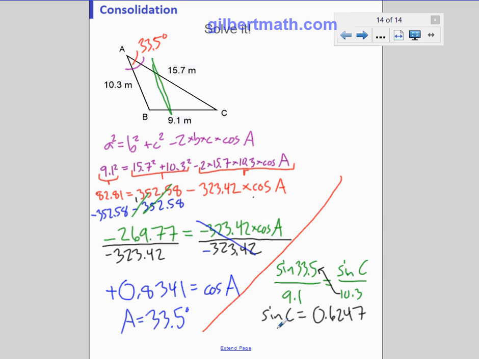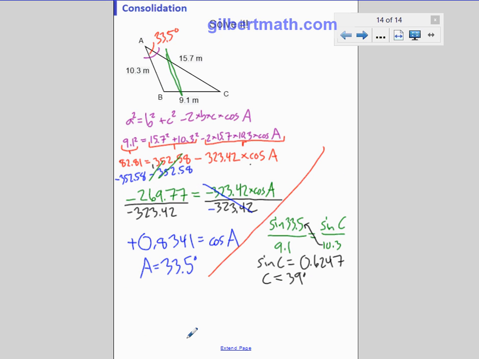Now I take the inverse sine, and I get that C is equal to 39 degrees. Of course, everybody knows that from here, angle B is quite simply 180 minus 39 minus 33.5. So in the end, we end up with angle B equaling 107.5 degrees. And that makes sense. You can look at the triangle and see quite obviously that that is going to work.